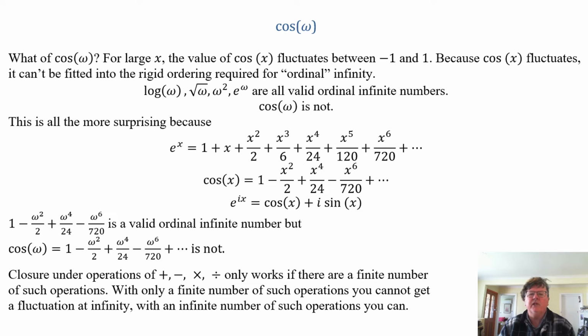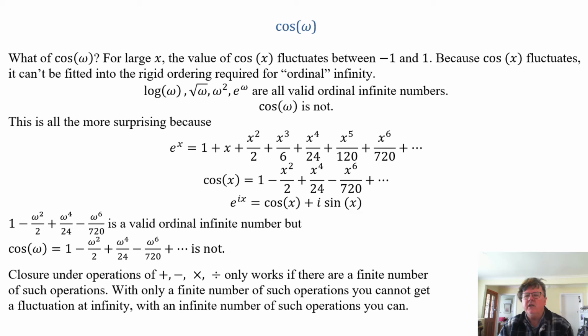It can't be fitted into the real number line, in other words. So whereas log of infinity, square root of infinity, infinity squared, and e to the power infinity are all valid ordinal infinite numbers, cos of infinity is not.